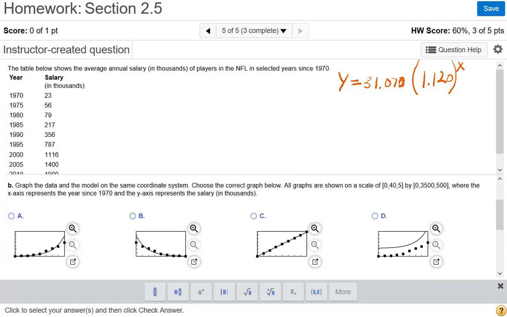On the B part, choosing the correct graph from the choices is easy enough that we don't need to go type it into our calculator. You know that the y values from what we see in our table are increasing, and we know that the line has to match up with the data.